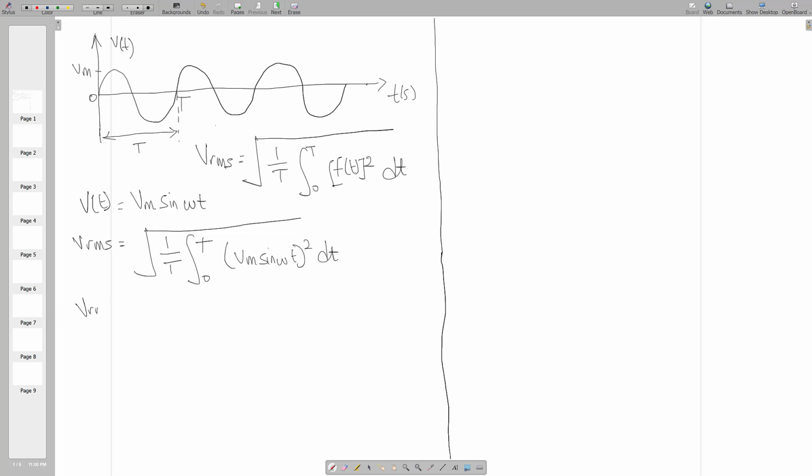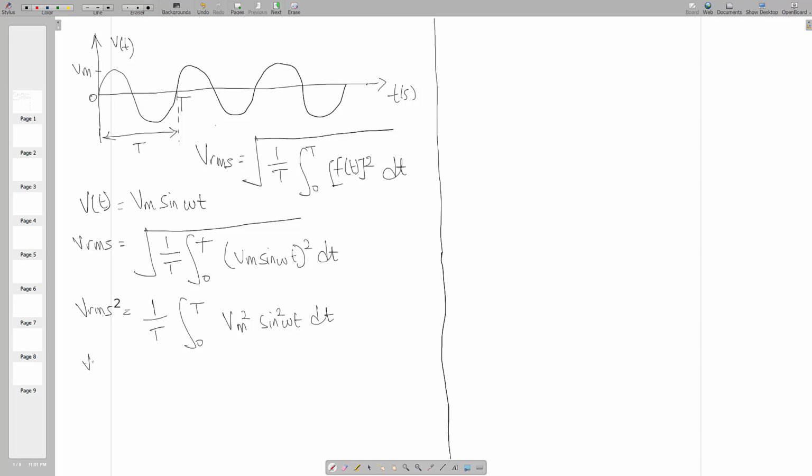So VRMS will be equal to, let's take off the square root and do all the computation, and then after that we will bring the square root back. So 1 over T integrating from 0 to T, squaring the function, we will have Vm squared sine omega t squared dt.